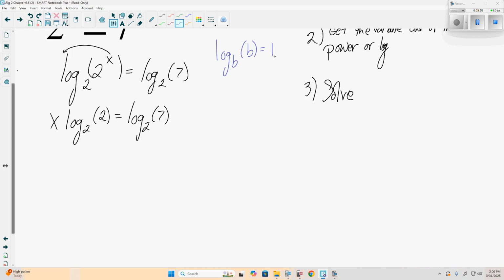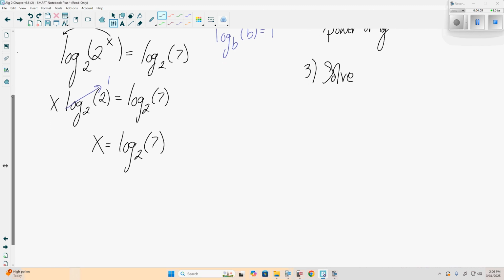When the base and the number inside the logarithm are the same, it reduces to 1. So our 1 times x is just x, telling us that log base 2 of 7 is equal to x. X is equal to log base 2 of 7.